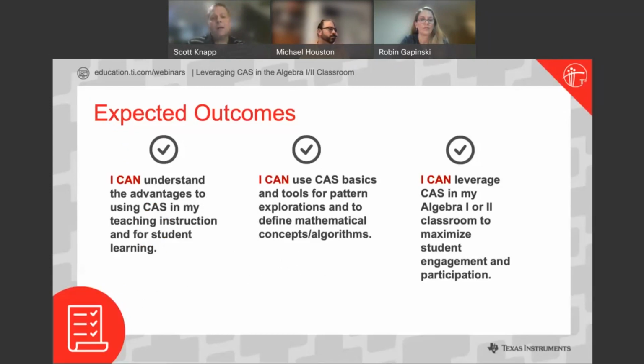And finally, we want you to leave with the idea that I'm going to take this and use it in my specific classroom, my Algebra 1 and Algebra 2. So you're going to see some specific ideas on how to do that to help encourage your students to be engaged in the math and let CAS be a tool to help them learn the math.